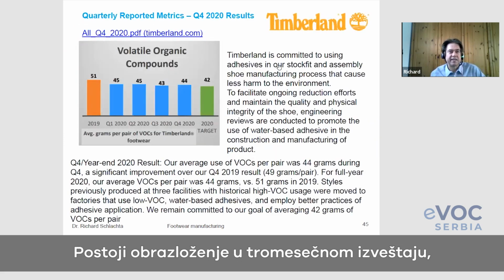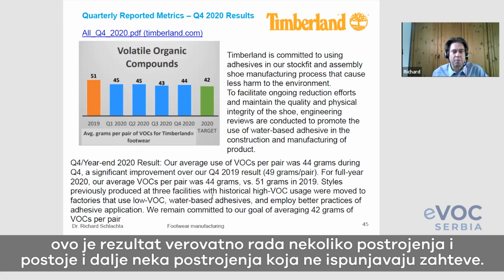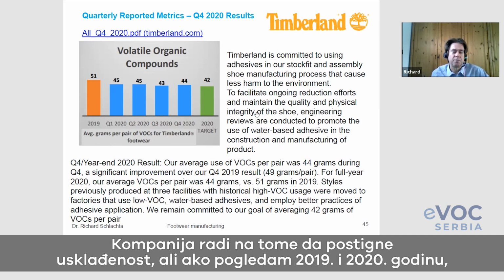And here is then something explained in the quarterly report. The problem is that it is a result of probably several installations. There are still some installations that are not complying, but this company is working to comply.